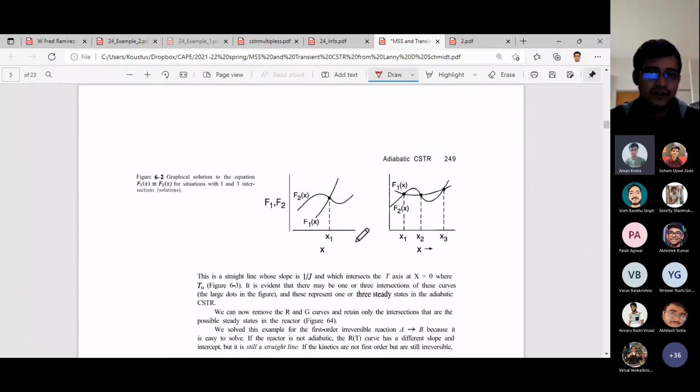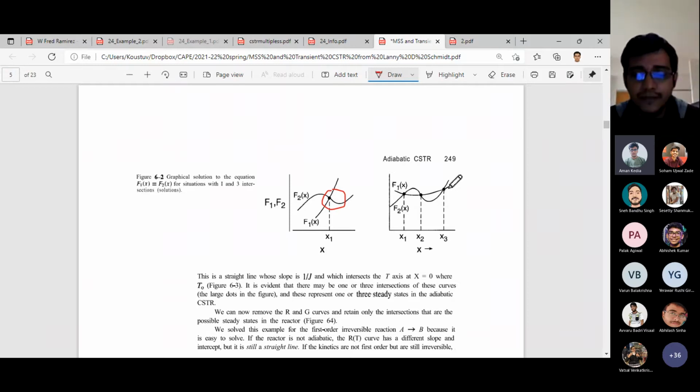So from the mathematical side, if you have f1(x) equals f2(x), then you vary x to calculate both the functions, and where they intersect, you call that a solution of the equations, right? In that circumstance, sometimes you may have this kind of occurrence where this particular curve, f2, intersects f1 at 3 different locations.